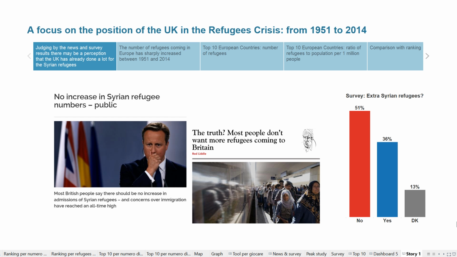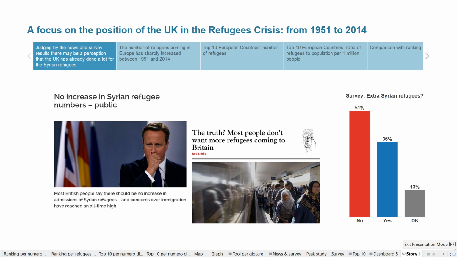Okay. So, I decided to focus on the position of the UK about the refugee crisis. Based on the newspapers and some surveys I found online, and what we know about the Syrian crisis of the last month, the perception we could have had from the newspapers and the news is actually that the UK has already taken a lot of refugees, and basically we don't want any more refugees.